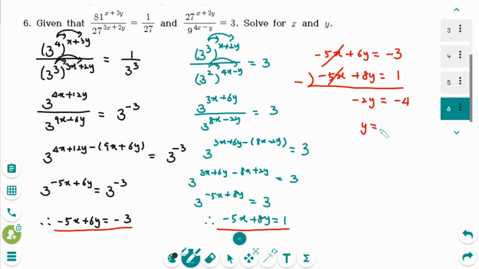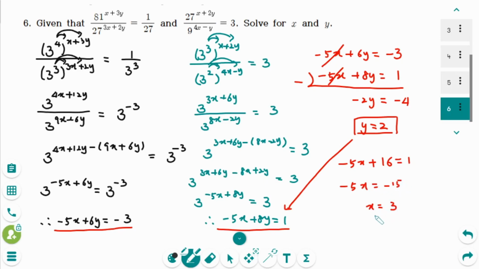So y equals 2. Then put it here. Minus 5x plus 8 times 2, which is 16, equals 1. Minus 5x equals minus 15. So x equals 3. Therefore, x equals 3, then y equals 2. This is the final answer.